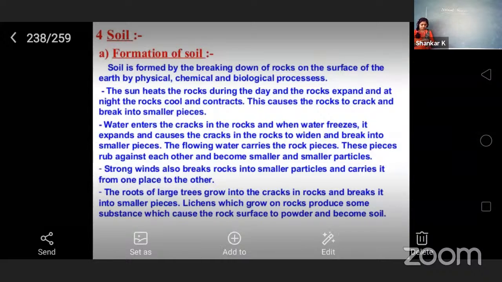Here, the soil we use to grow plants, right? In the field, what do we need to grow plants? Soil. We need soil. Do you know how soil is formed?